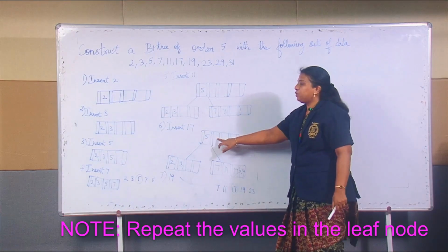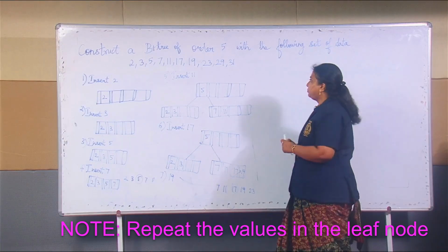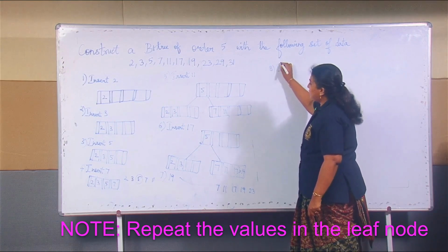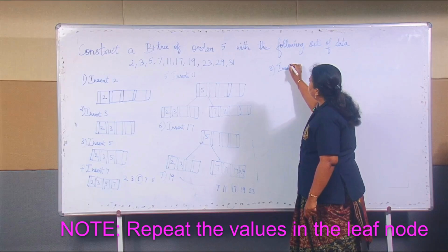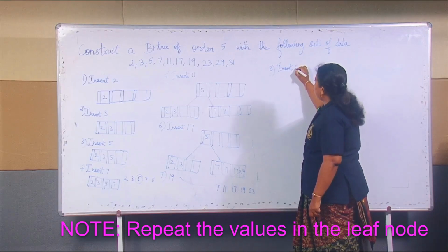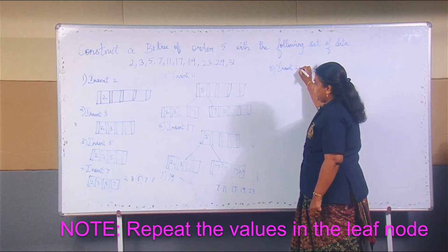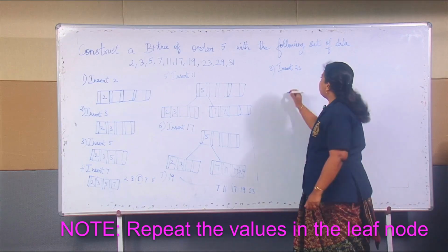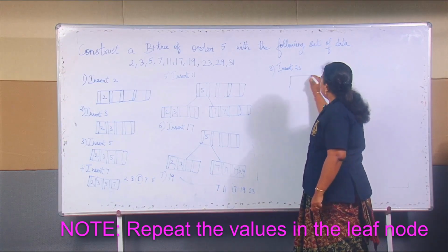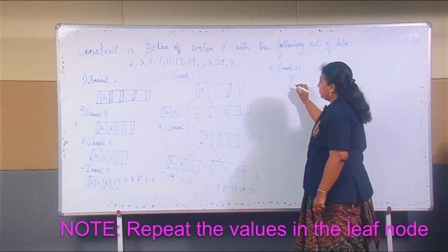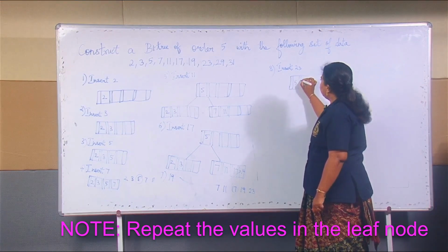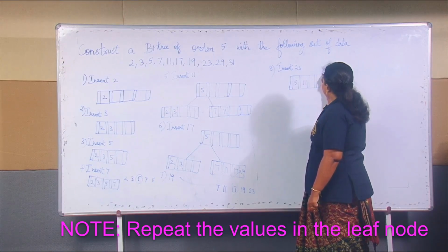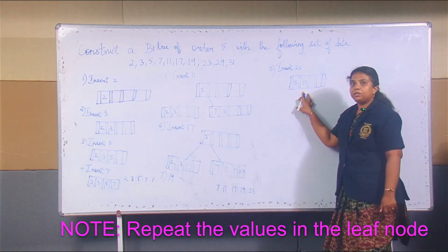So 17 will be moved to the root node after 5. That will be our step 8, insert 23. While inserting 23, the middle element 17 is moved to the root node. So 5 and 17 will be in the root node.